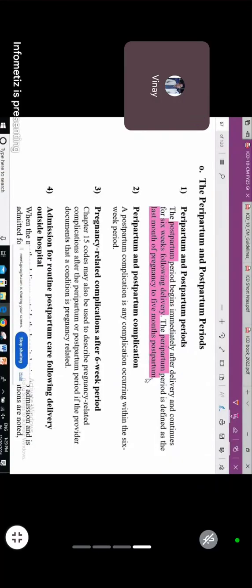Today a lady delivered a baby, 29th of December. So the peripartum period started from the 30th of November, 1 month before delivery, and after 5 months of the delivery, so it will be May 29th, the peripartum period will end.